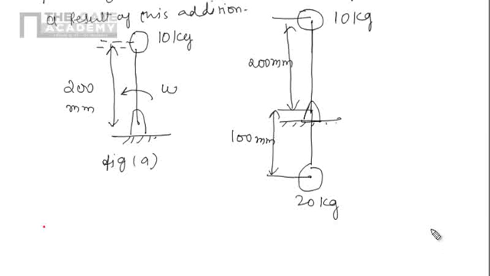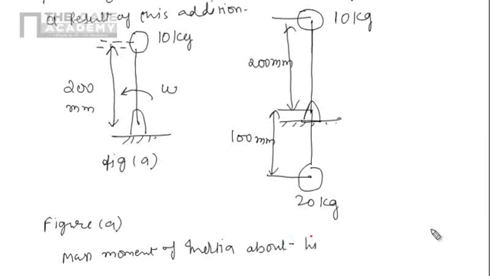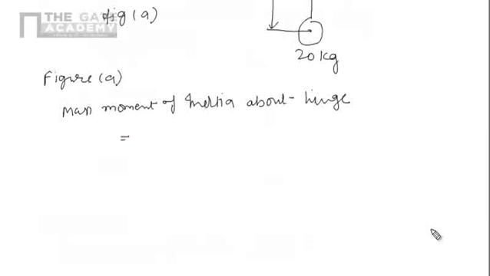So let's take figure A. Now we will calculate the mass moment of inertia about the hinge. So we get m r square, which is 10 into 200 square.